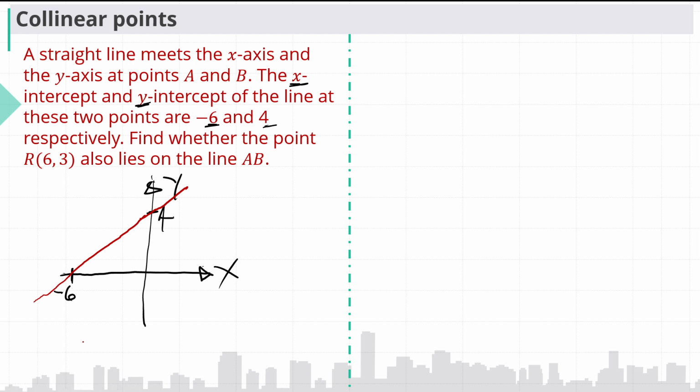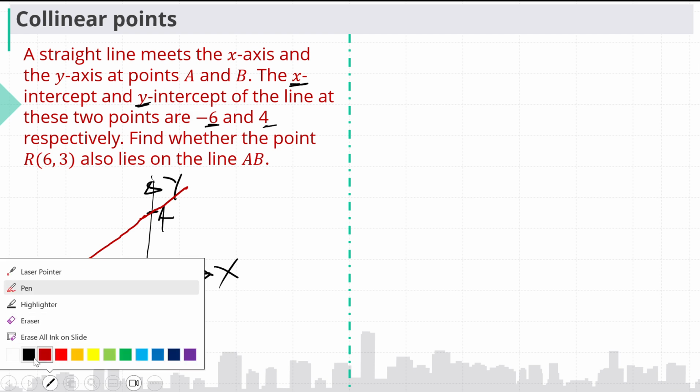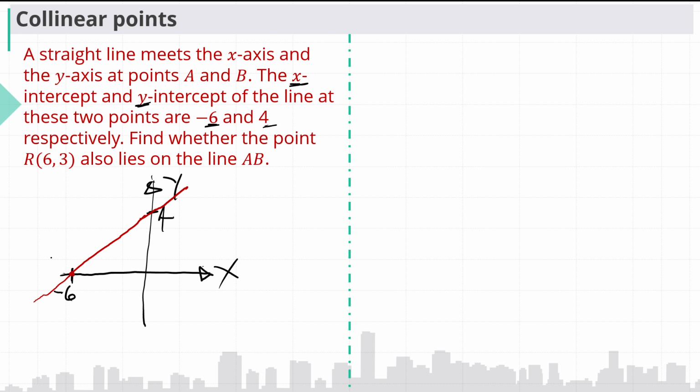So now it tells us that the coordinates at the x-intercept are going to be what? The coordinates at the x-intercept are going to be minus 6, 0. What is the coordinate at the y-intercept? The x value here is 0. So coordinates at the y-intercept are going to be 0, 4.